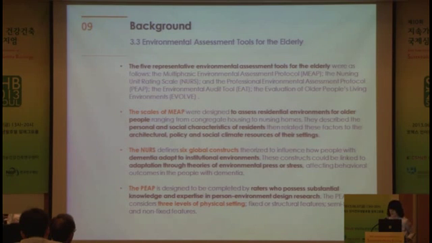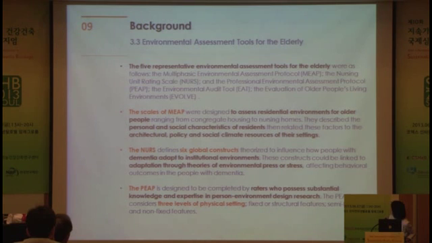And the second one is the Nursing Unit Rating Scale. It defines six global constructs devised to influence how people with dementia adapt to institutional environments. And the third one is the Professional Environmental Assessment Protocol. It is designed to be completed by raters who possess substantial knowledge and expertise in person-environment design research.